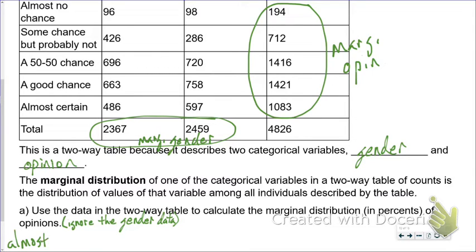So when I do that, I'm going to calculate almost no chance as 194 divided by 4826. And when I do that, I get 0.0402. I'm going to do some chance, and I'm going to take 712 divided by 4826 and get 0.1475. I'm going to take 50-50 and get 0.2934.